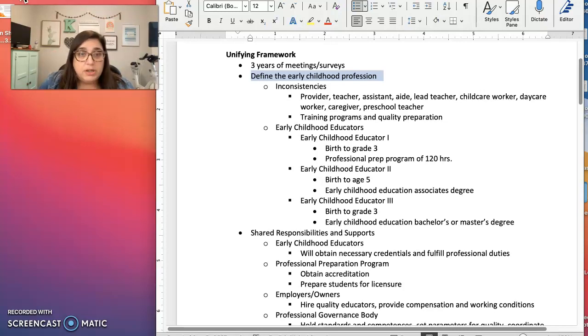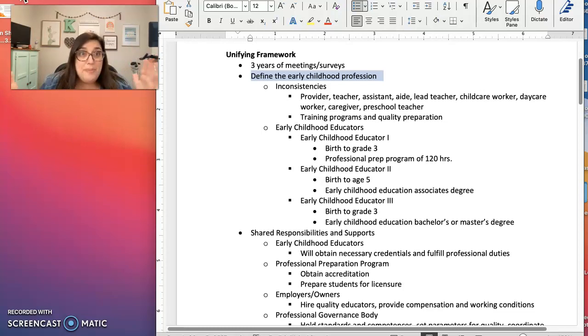As a teacher of future teachers, I have to teach about the roles and the responsibilities of early child care professionals. But how can I when I don't know what the responsibilities of an aide is, or an assistant, or a childcare teacher, or childcare worker, or a daycare worker, or a preschool teacher?